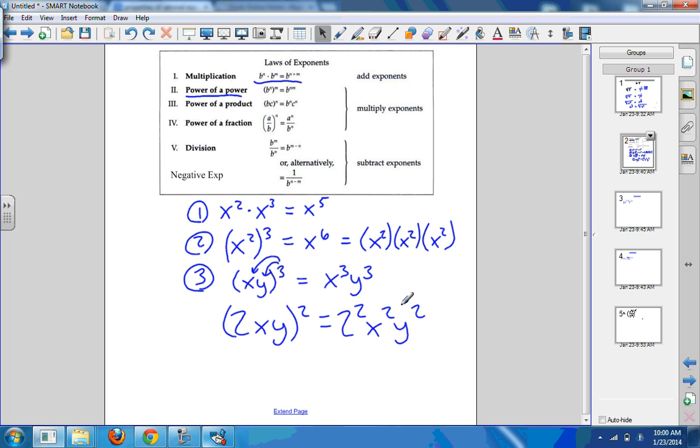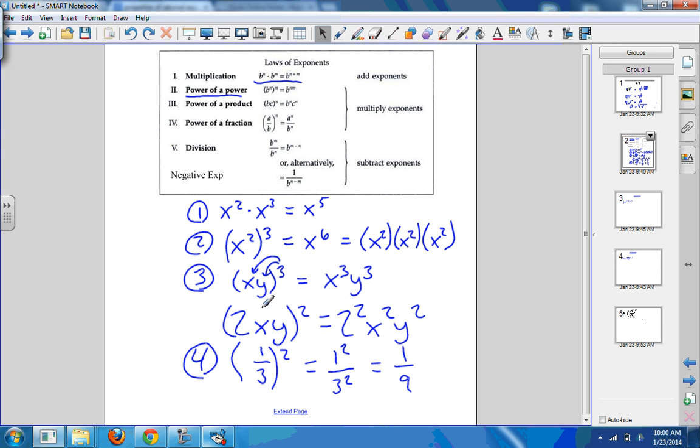Power of a fraction is the same idea. Power of fraction says that if I have a fraction, say 1/3 to the second power, I have to square everything inside. So I have to square the 1, and I have to square the 3. 1 squared is 1, we know, and 3 squared is 9. So similar to the power of product, we have to distribute that to everything.